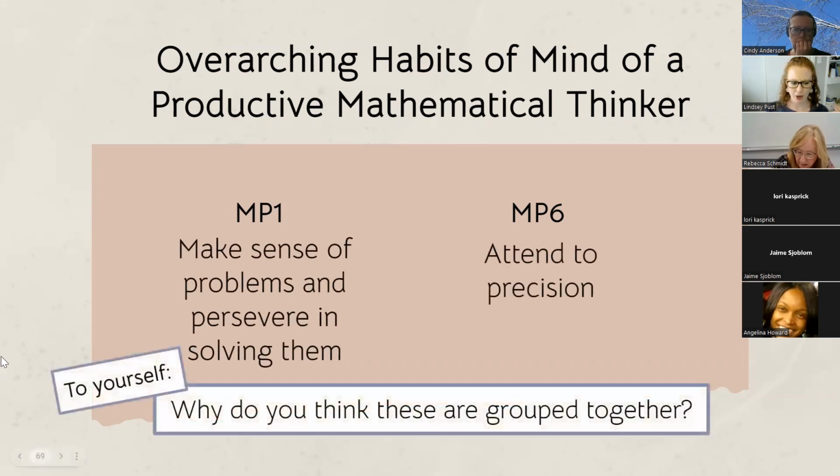To yourself, I want you to think, why do you think these are grouped together? Or if you answered this online in the foundations course, think, what did I say? What connections did I see? Why would they maybe be grouped together? I won't have a share, but I just want you to think on your own first.